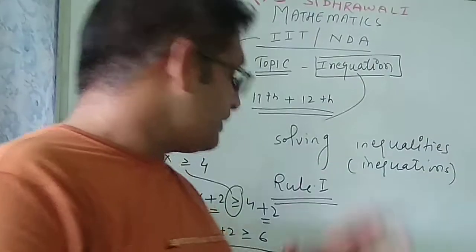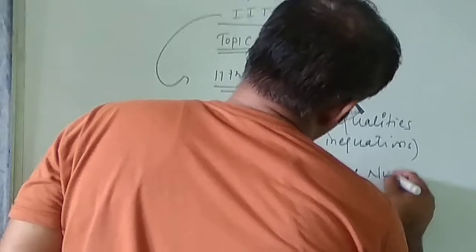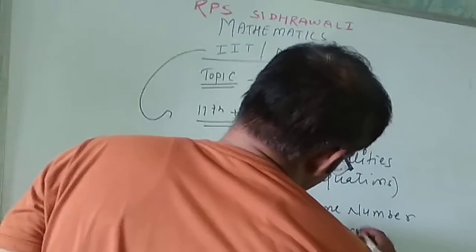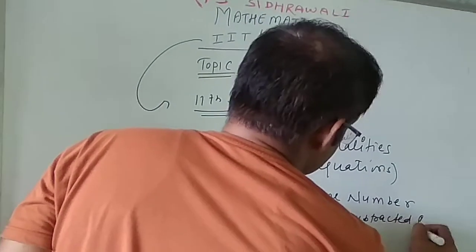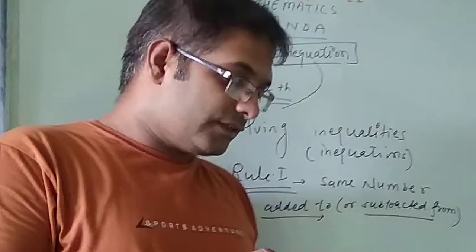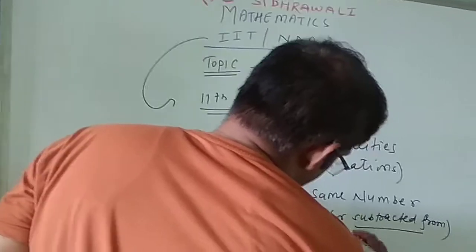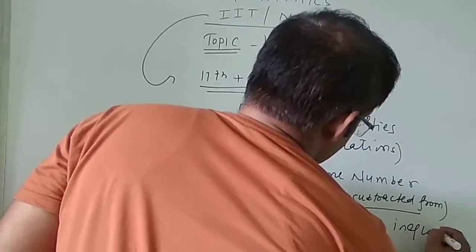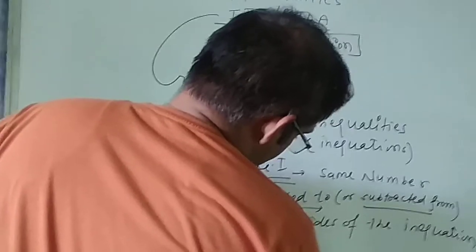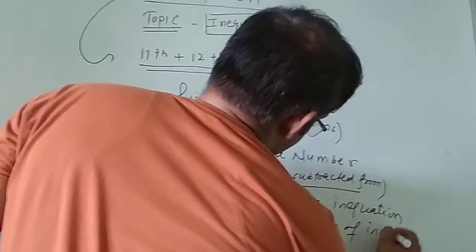So the first rule that we introduce in this topic is that the same number added to or subtracted from both sides of the inequation, without changing the sign of inequality.